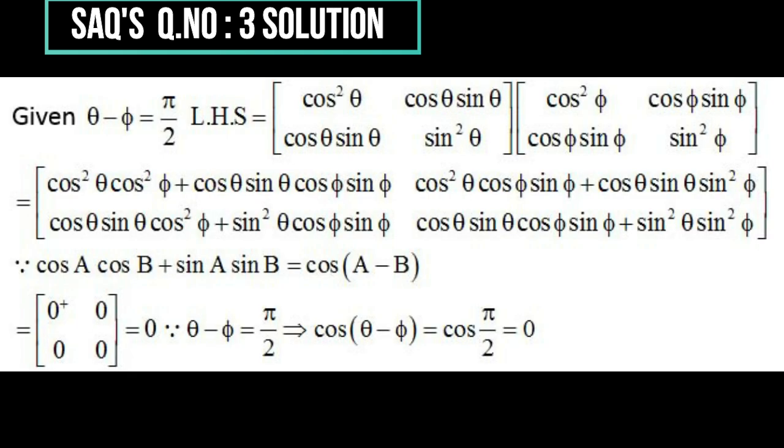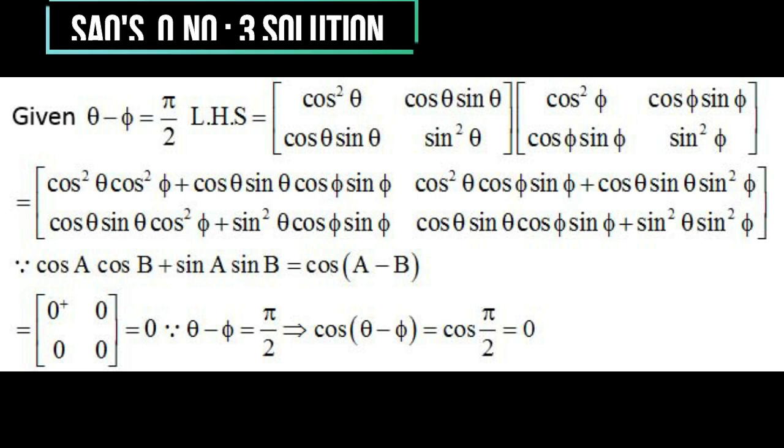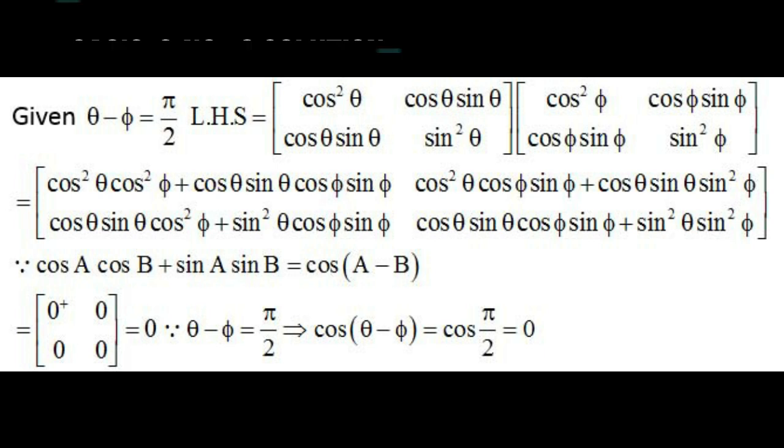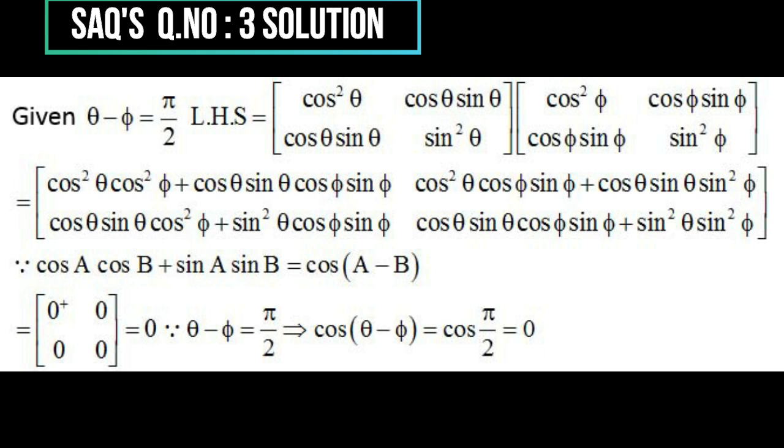Okay, first multiplying these two matrices by using multiplication of matrices, that is multiplication of first row with first column. Then we get cos square theta into cos square phi plus cos theta sin theta into cos phi sin phi. Next multiply the first row with the second column.